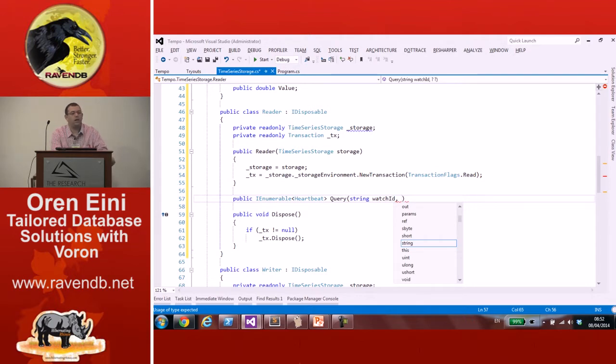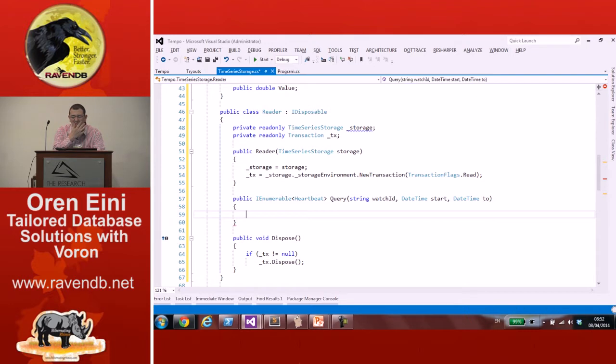If I want to see my heart rate, I don't care about your heart rate. And if I want to see aggregation over the heart rates, that's something I will show you how to do in a bit. And now we just say datetime from datetime start to.